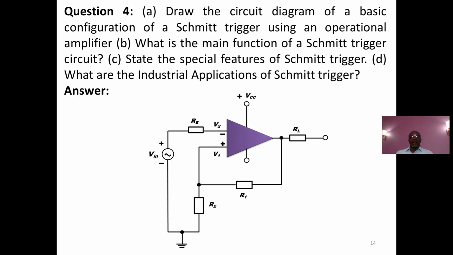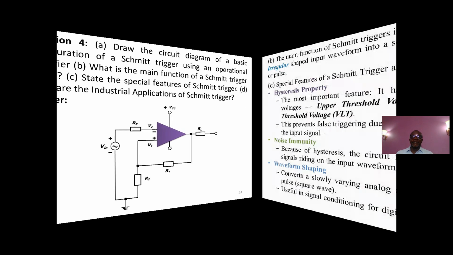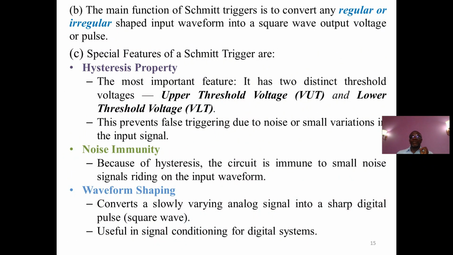So now, what is the main function of this Schmitt trigger? Say that the main function of Schmitt triggers is to convert any irregular or regular shaped input waveform into a square wave output voltage or pulse. Now, look at it.